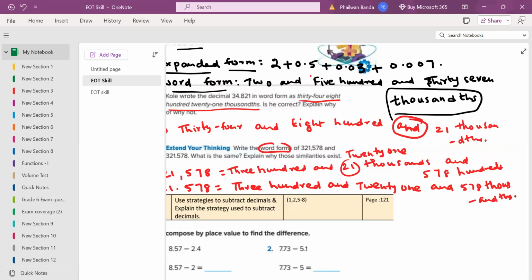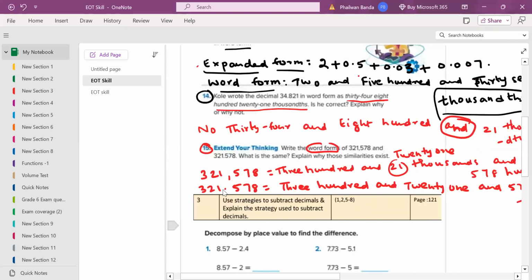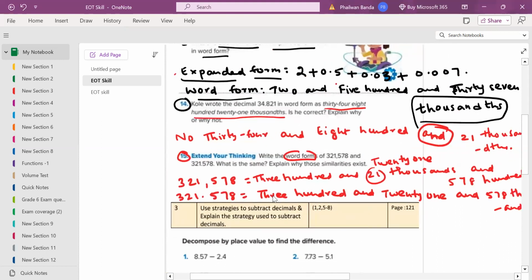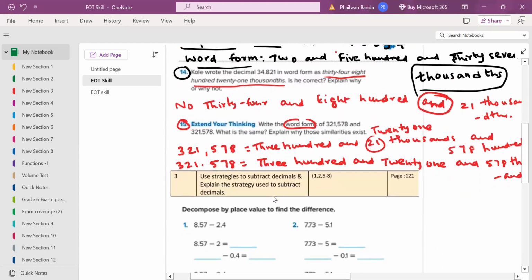Okay, but here it's different. 321, the first one, 321 thousand and 578, but this is 321 and 578 thousandths. So be careful when it is a decimal number.